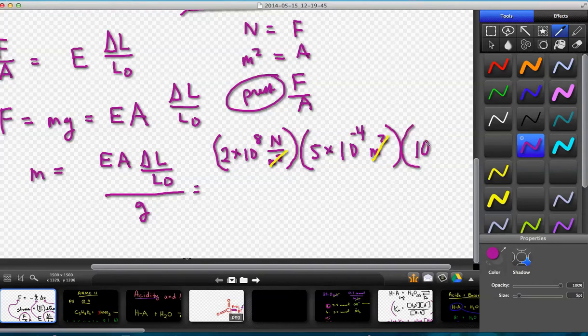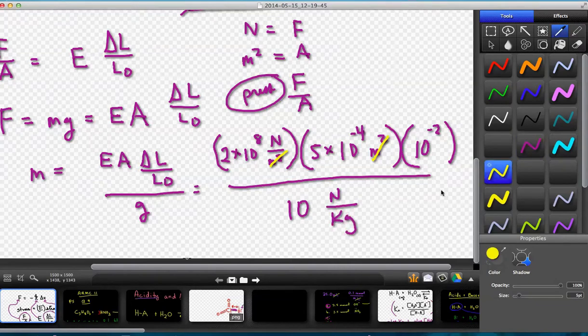We're just going to call that 10 to the minus 2. And all of this is over G, which is 10 newtons per kilogram. So our newtons cancel as well, and our unit will be a kilogram.